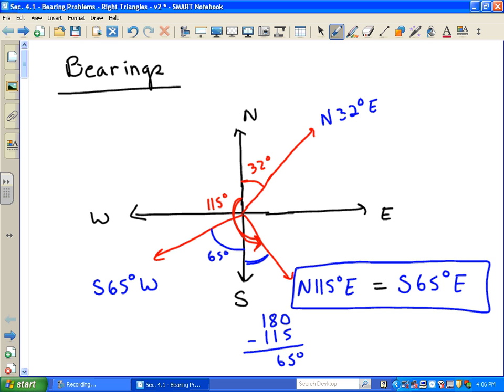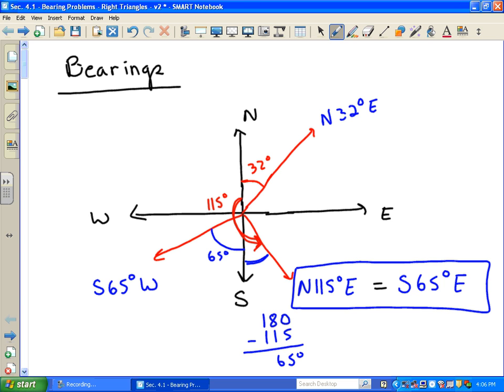All right, so this is the general way that we measure bearings. The things that you have to remember is number one, always measure a bearing from either the north line or the south line. And then number two, always make sure that you're telling which direction your angle should be rotated towards. Is it rotated towards the east line or towards the west line?